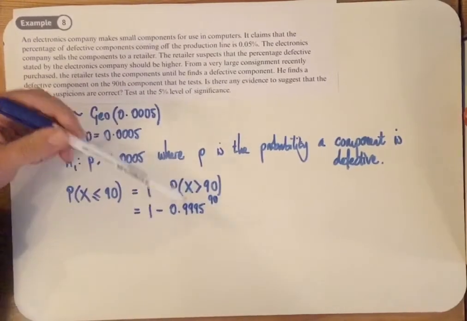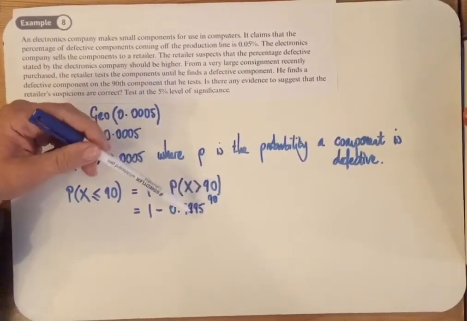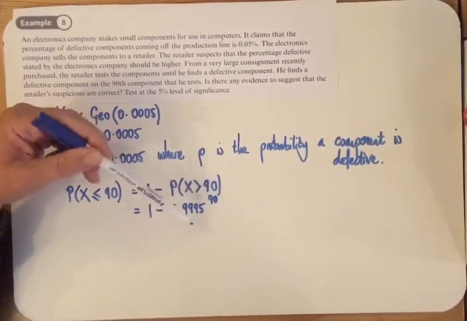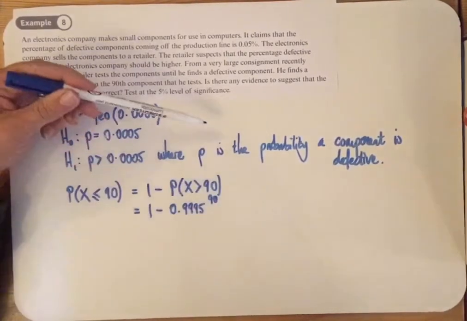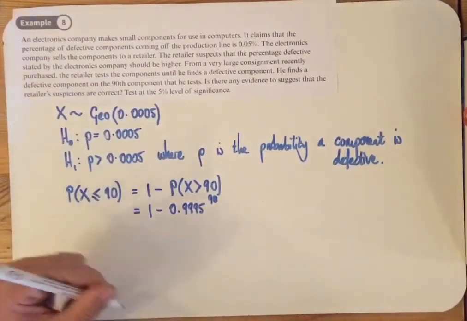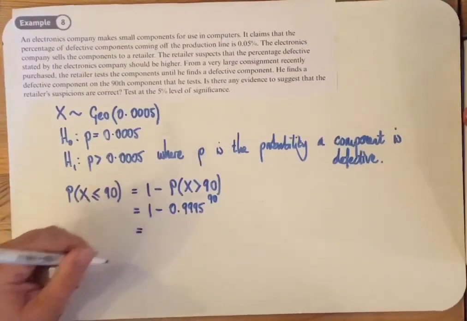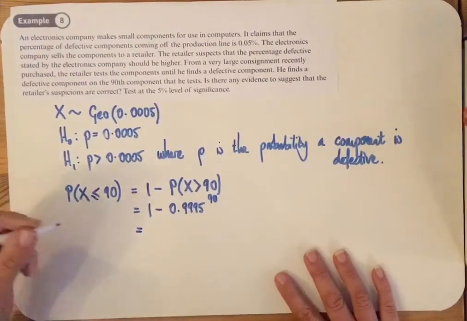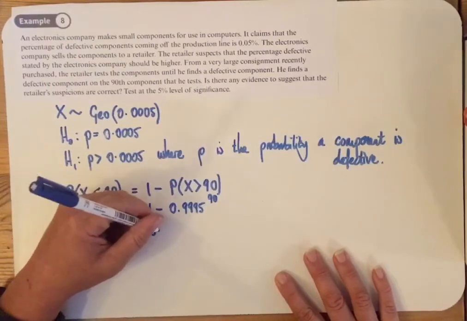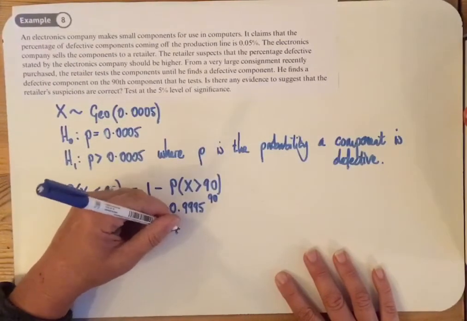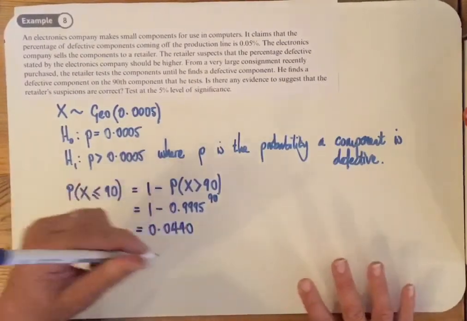It just means that you don't get a defective one in the first 90, and so it will have to come afterwards. If that's not the case, then you have got a defective one in the first 90. That gives you 0.0440, which is a little bit similar to the last example, I think.